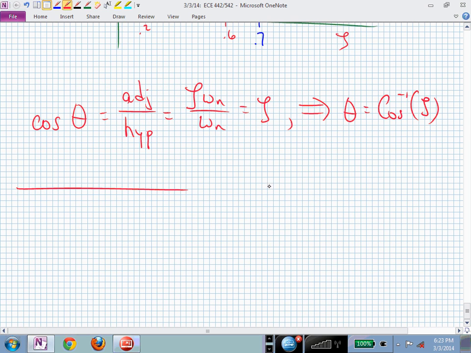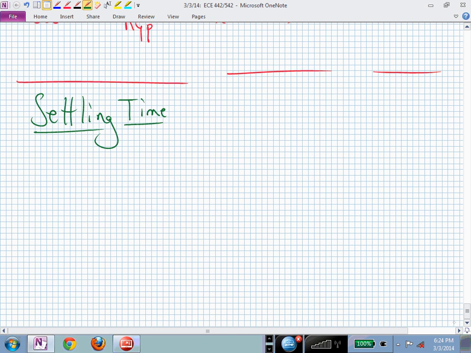That's now our percent overshoot. What have we derived? Time to peak and percent overshoot. Now let's talk about one more, which is the settling time. We said let's deal with the 1%.